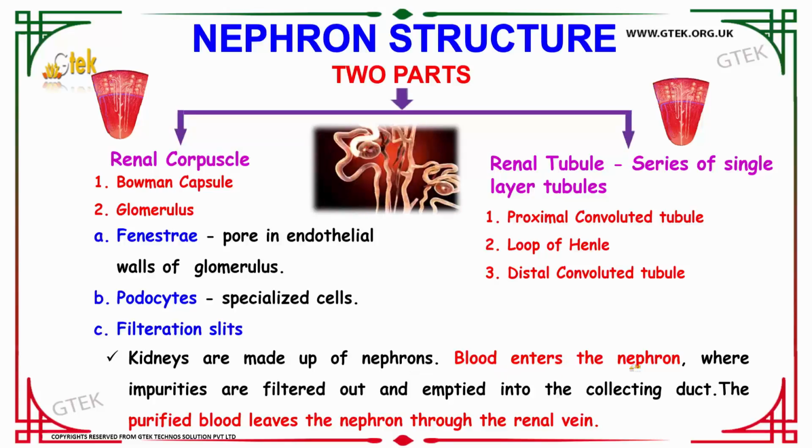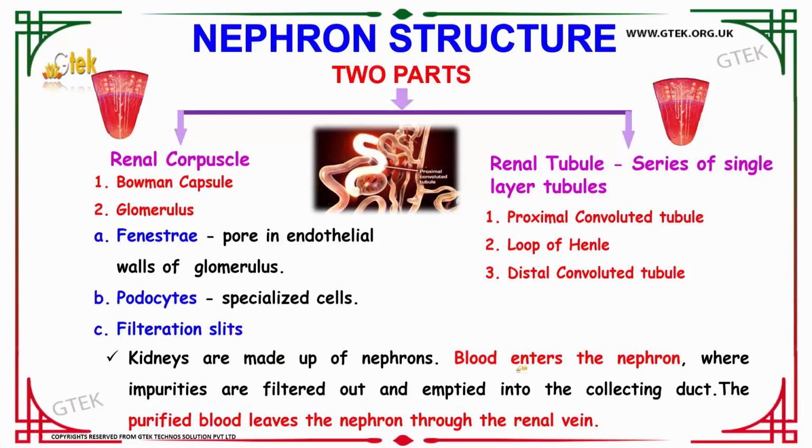Your blood enters the nephron, where the impurities are filtered out and emptied into your collecting duct. So through this collecting duct, the purified blood leaves the nephron through the renal vein. So these are the two parts of your nephron structure.